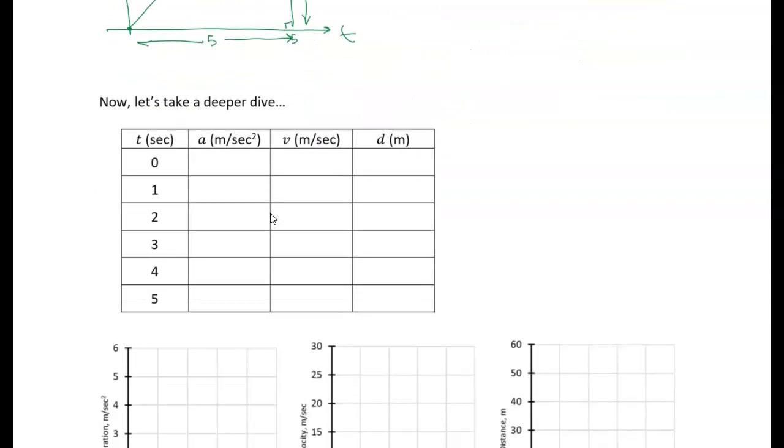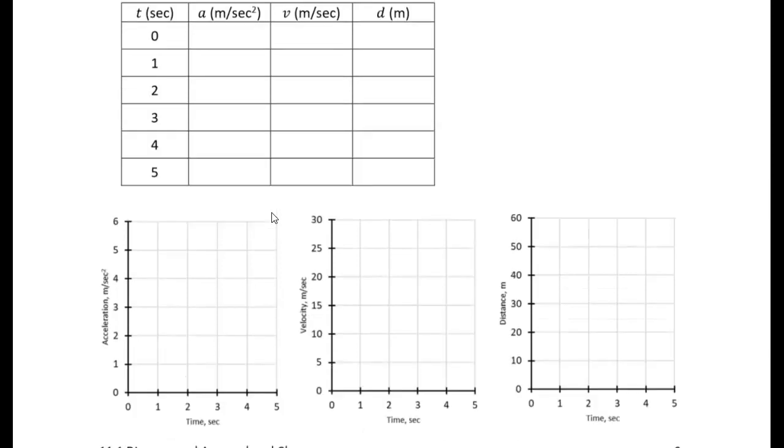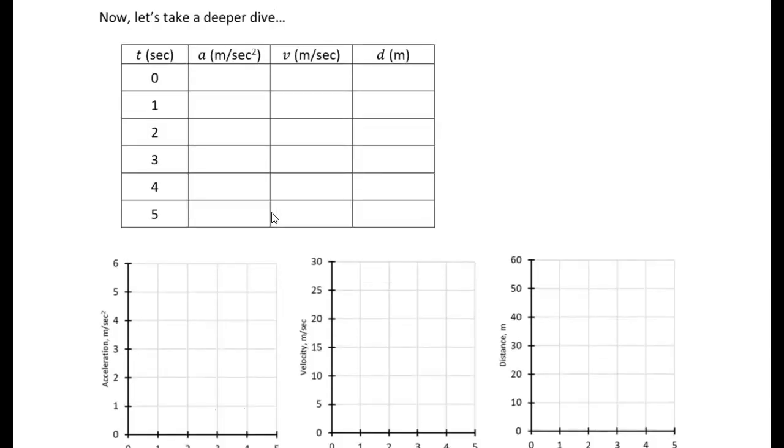All right, so let's take a little closer look at this one, just because this is where I start getting carried away. Let's do a little deeper dive here into this one. All right, let's create a little table here. Our acceleration is a constant 5, right? So if I were to graph that acceleration, it looks pretty boring, just a straight line. And we already graphed the velocity, but we're going to start out at rest.